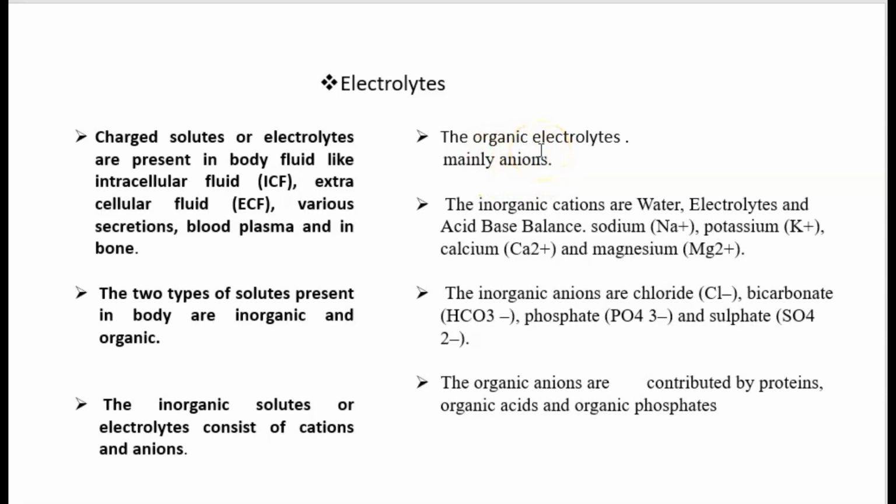We all know the macromolecules that we have in the body, from proteins, lipids, carbohydrates, hormones, enzymes, etc. They are all organic electrolytes. They are the source of organic electrolytes.